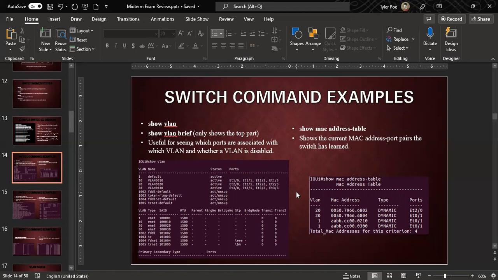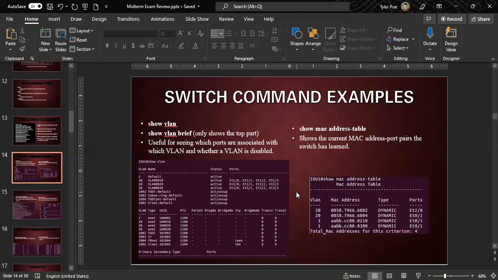Now, in production networks, MAC addresses actually are manually configured. Believe it or not, you can manually configure a MAC address to a port, and that keeps hackers from being able to use the port on the switch because their MAC address is different from what is saved on the switch.